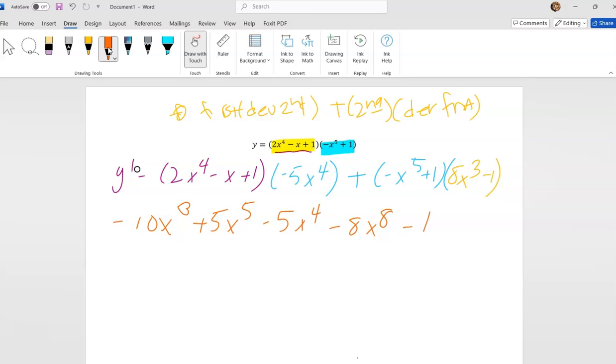Okay, so now I've got a FOIL here. So what I get, I told you have to pay attention. Okay, so this times this plus 8x to the 3rd plus x to the 5th, because negative 1, and then minus 1.